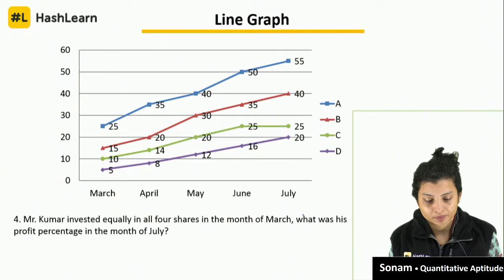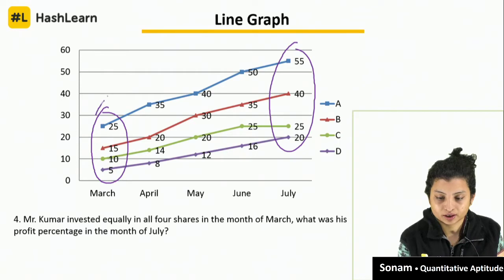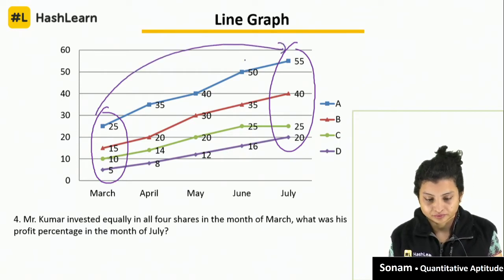What is his profit percentage in the month of July? Alright, so we just need to calculate how much percentage increase from here to here, isn't it? Correct? Do the calculation please.